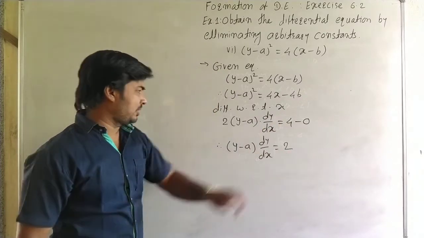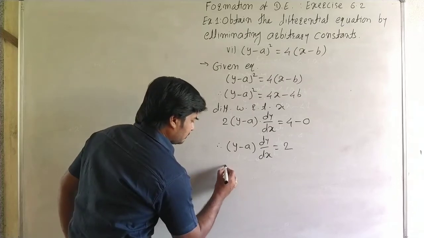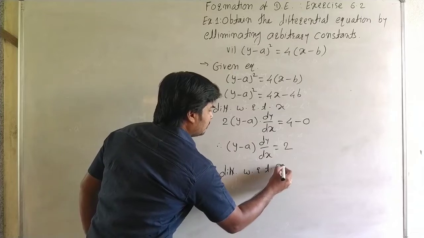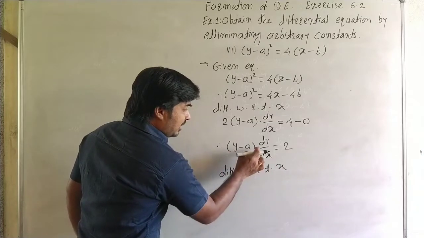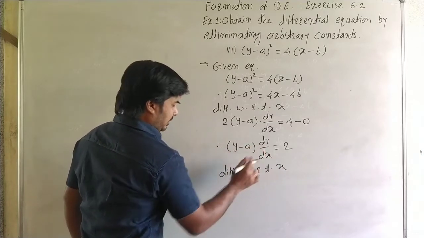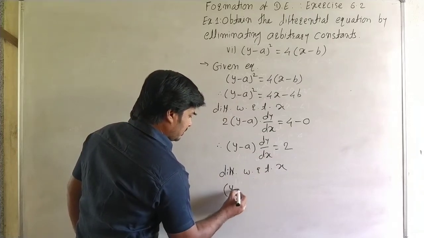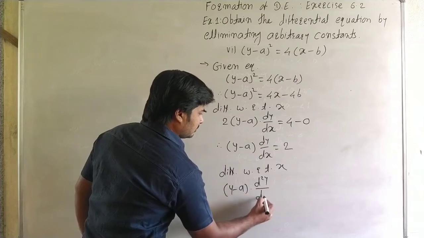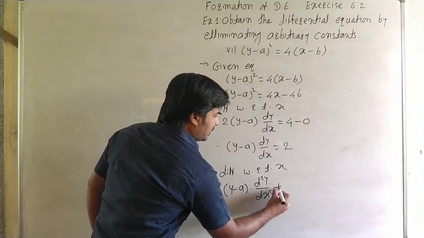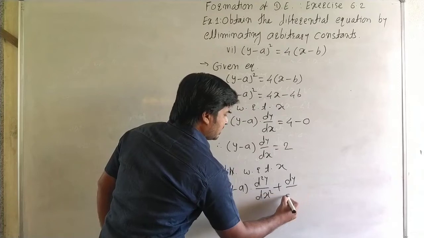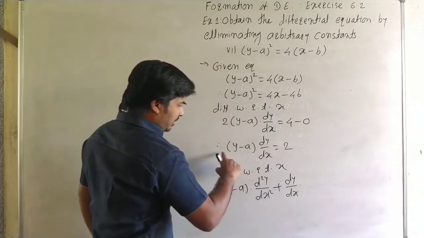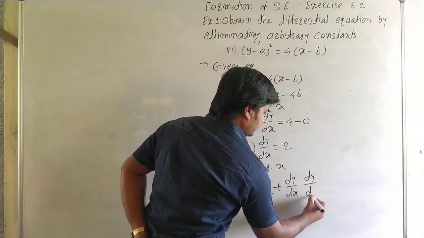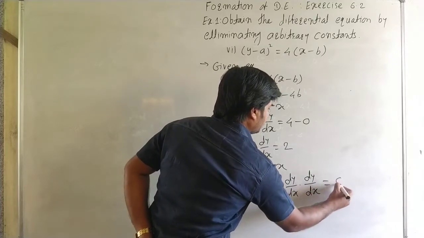Now again differentiate with respect to x. Here (y minus a) into dy by dx, that means here u into v. First (y minus a) as it is into derivative of the second, plus dy by dx as it is into derivative of y minus a, and the derivative of y minus a again is dy by dx, and it is equal to 0.